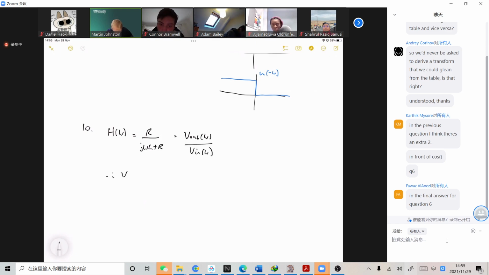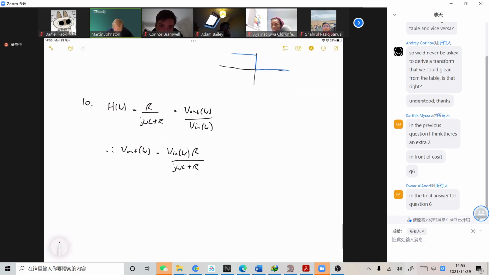Therefore V out of omega is equal to V in of omega times R over j omega L plus R. For the impulse response, V in of t is equal to a delta function.